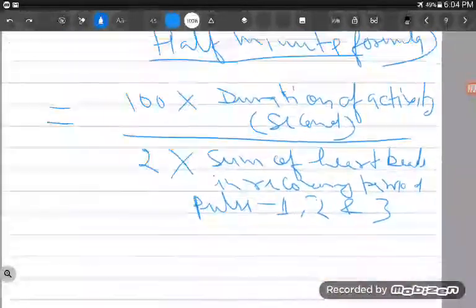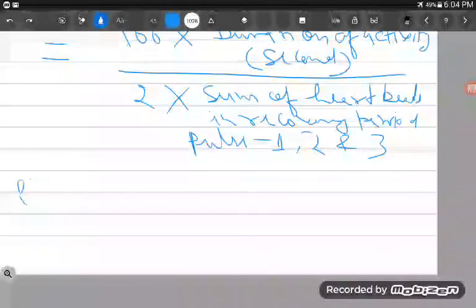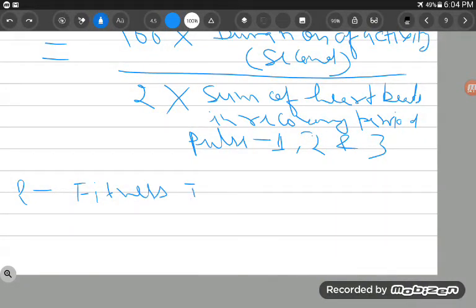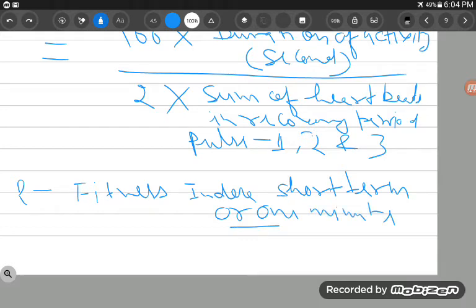The second, fitness index, short term or 1 minute. Okay, it is very important.